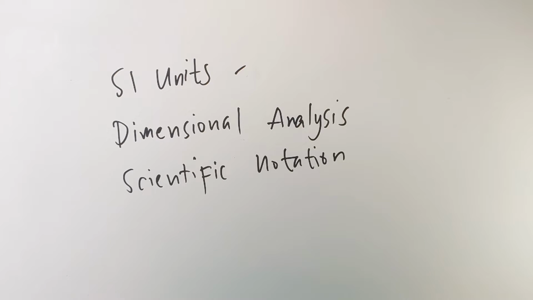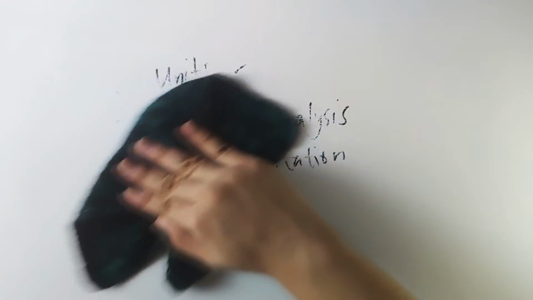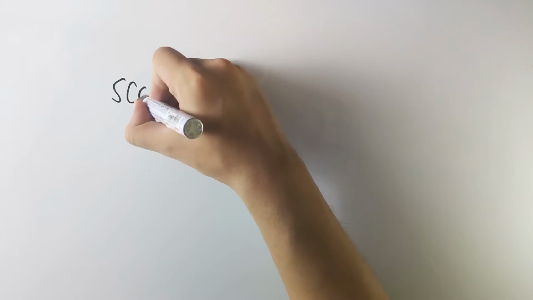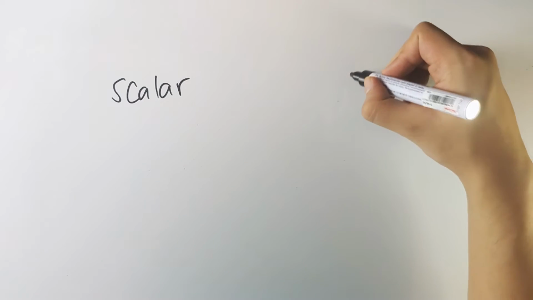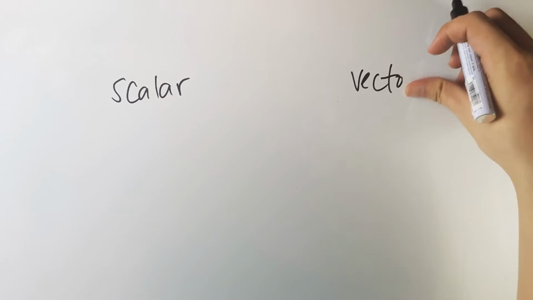Now, as the first lesson in physics, I'm going to introduce you to how we quantify those quantities. So we have scalar and vector measurements, or scalar and vector quantities.